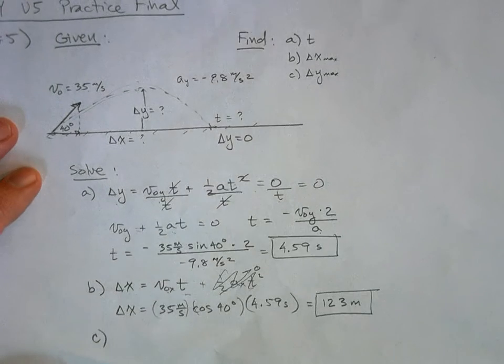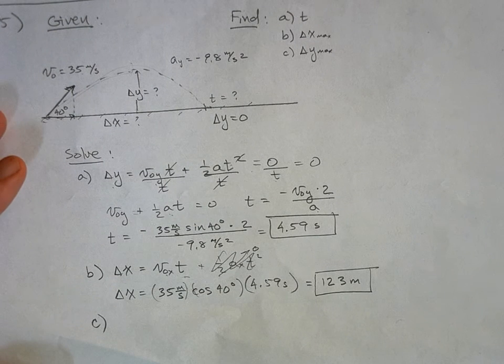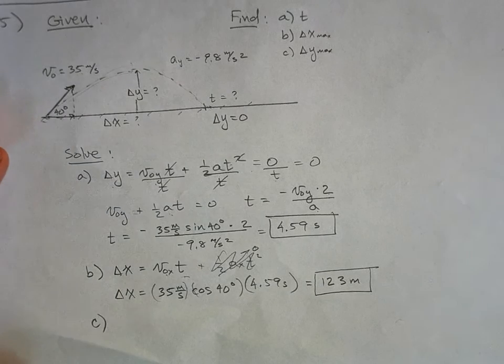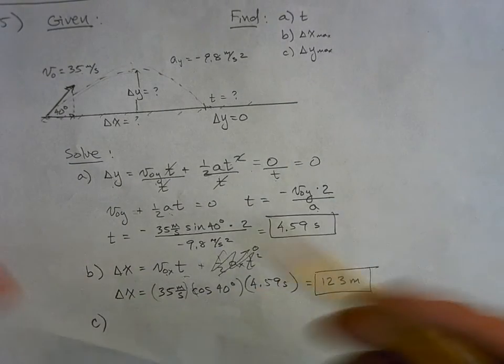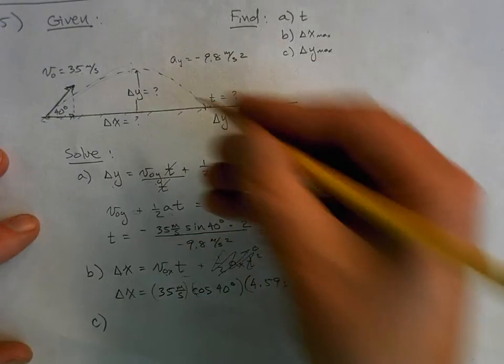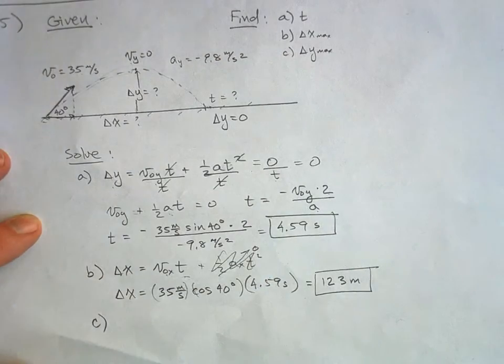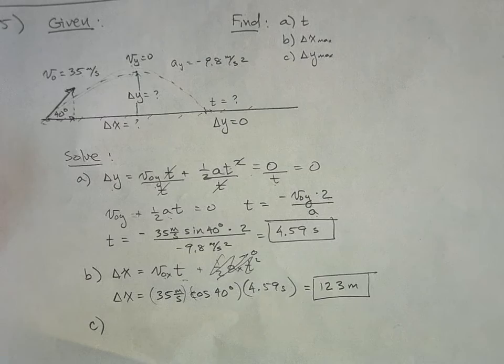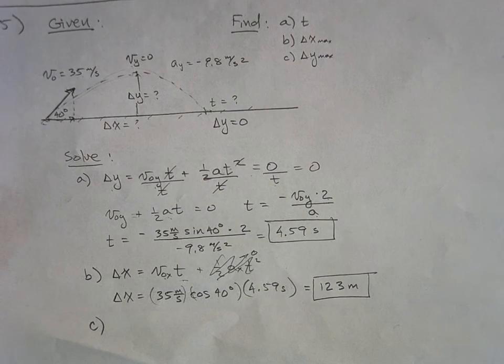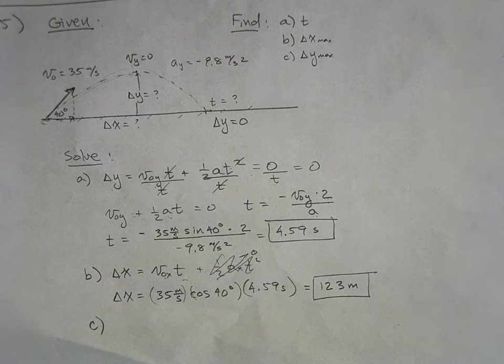And then part C. We want to know what is delta y max. A couple different ways of doing it. At the very top, the velocity in the y direction is equal to 0. Now, I didn't tell you that, but you need to know it. I didn't state that in what was given, but you need to know it.